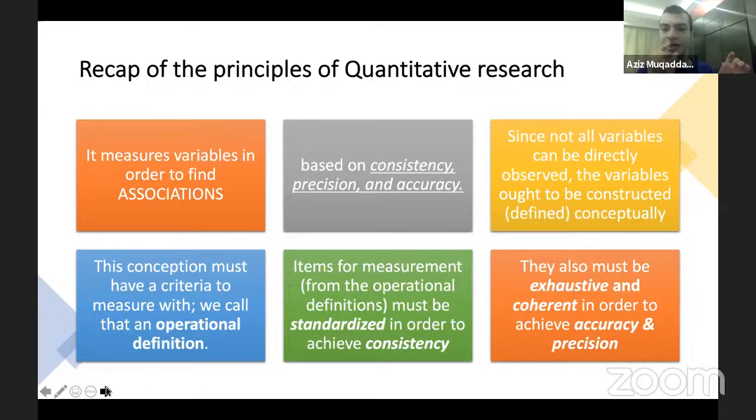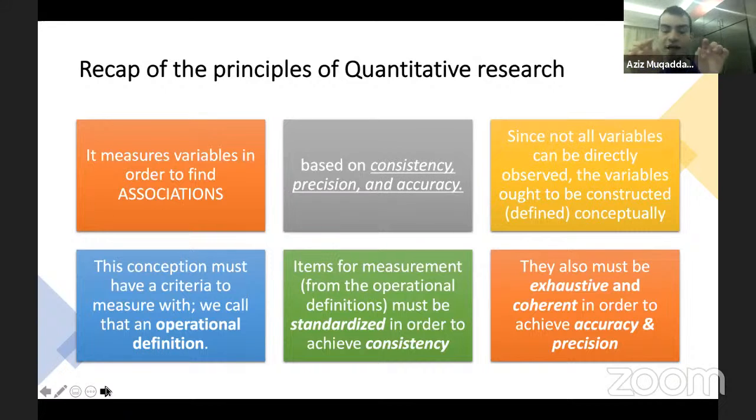And we said you measure in order to find associations, and those measurements need to be consistent, precise, and accurate. Consistent means they are not based on subjective impressions, like what you feel or what the subjects feel about it.